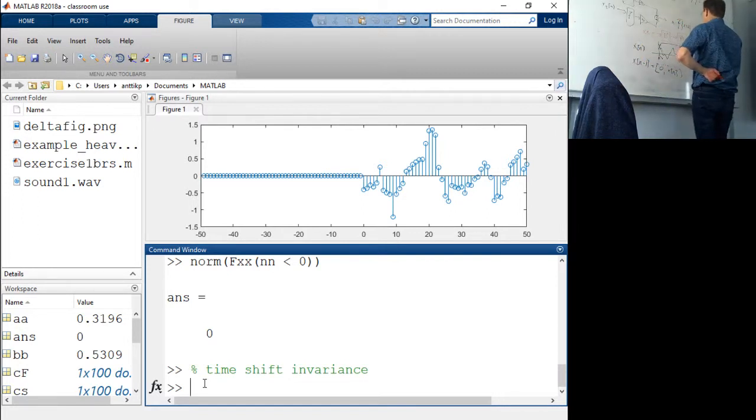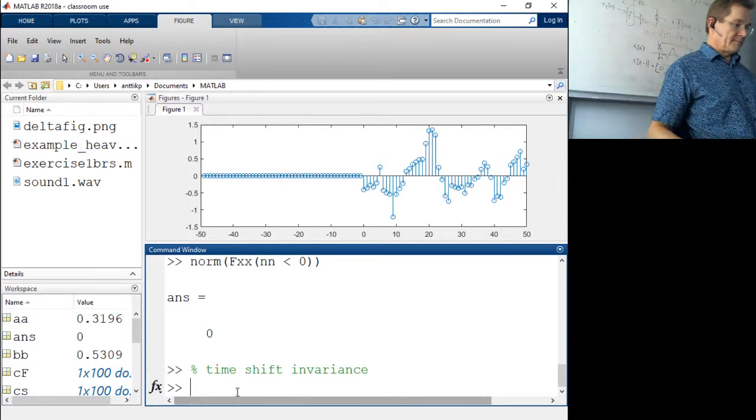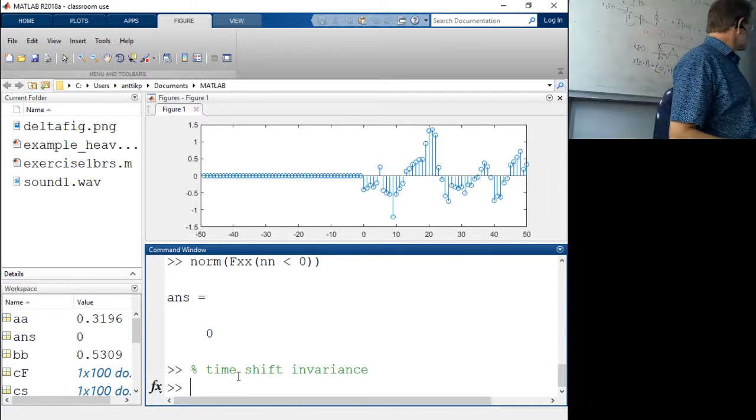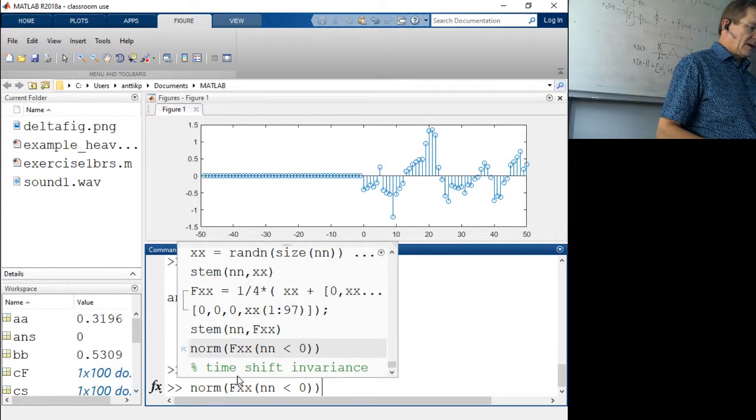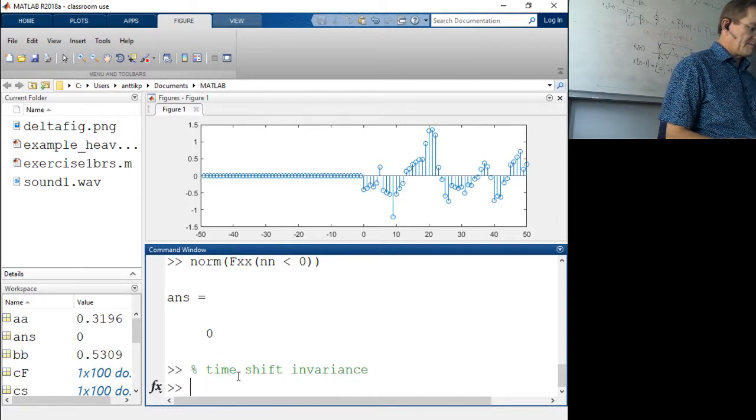That should be the same as moving this one to the other side. So let's first calculate the time shifted output. Okay. I will use that XX as my test vector.